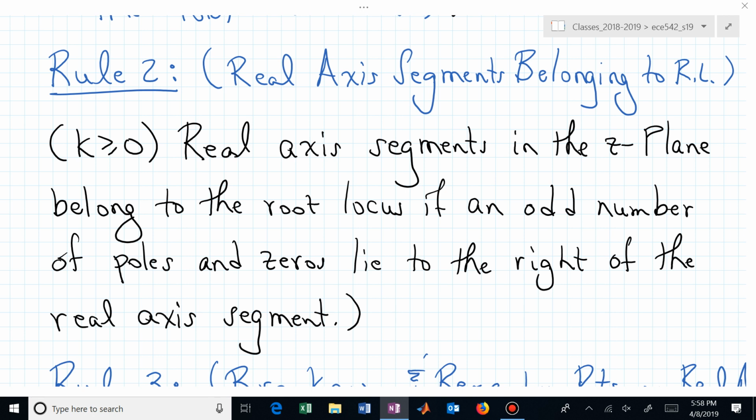If you see an odd number, then where you're standing belongs to the root locus. If you see an even number, then that particular line segment on the real line does not belong to the root locus.